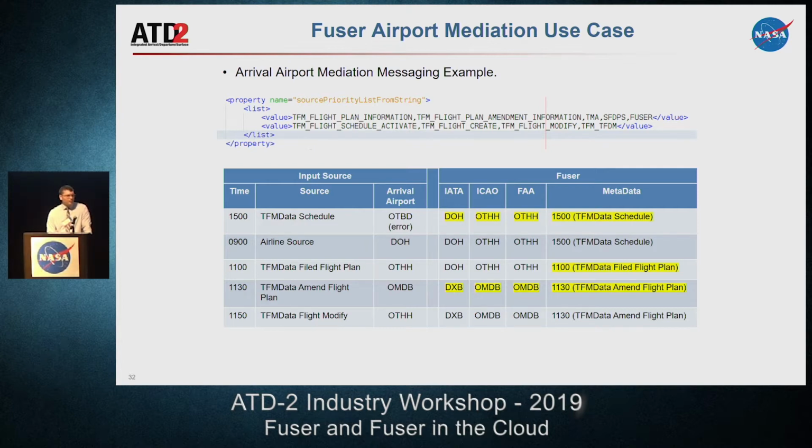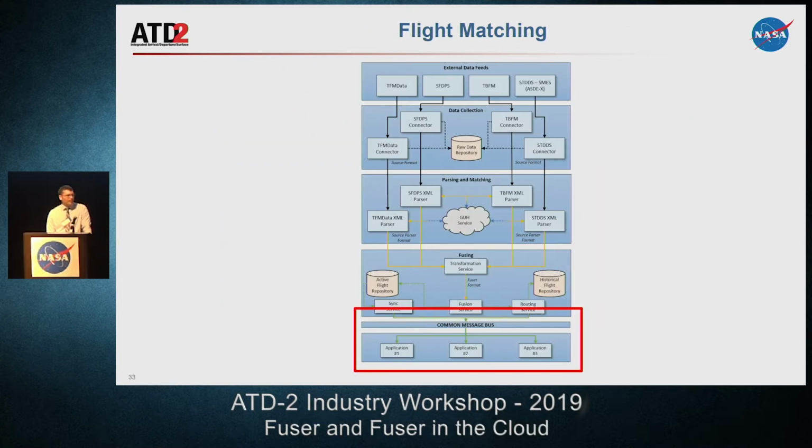So that's kind of a more detailed case, and that's how we dealt with that one. All the mediation rules are listed on the Fuser site, but it is all custom stuff. We developed our own rules engine, essentially, to favor priority, favor sources over other sources.